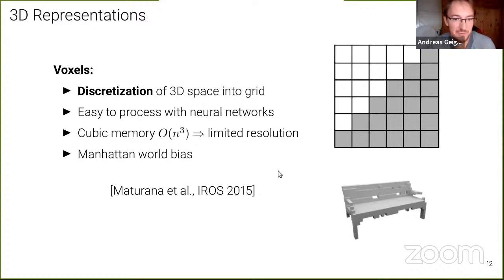They are easy to process with neural networks because they basically just require a straightforward generalization of 2D convolutions to 3D. However, they have cubic memory growth, which limits the resolution even if you use some sophisticated space partitioning like octrees. And they also introduce some Manhattan world bias. You need to define some arbitrary coordinate system that has nothing to do with your shape, but that aligns the voxels.